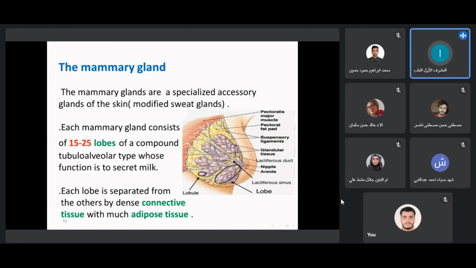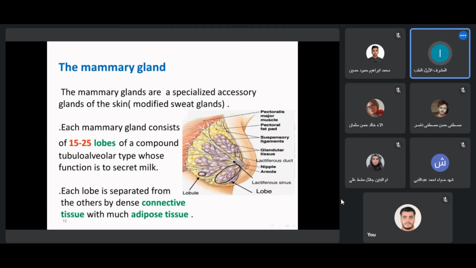Each gland is divided into lobes. These are the lobes. The average number of lobes is about 15 to 25, and they consist of a complex tubulo-alveolar structure, where the main function is to provide nutritive milk for the newborn baby.